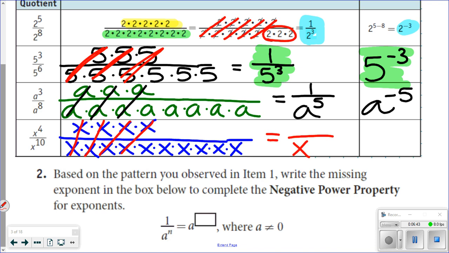I have X, 1, 2, 3, 4, 5, 6, multiplied by itself 6 times. And in the numerator, I need a placeholder of 1. So let's put the X here. 4 minus 10 gives me negative 6.